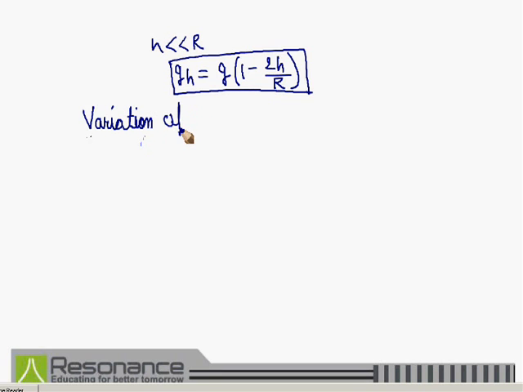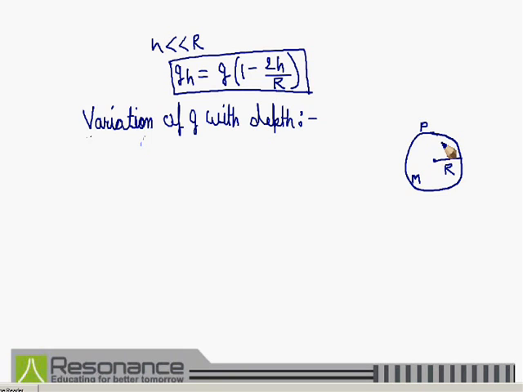with depth. Consider the Earth as a sphere of radius capital R and mass capital M. At any point P on the surface of Earth, the acceleration due to gravity g at point P is given by g equals GM upon R square. Equation first.